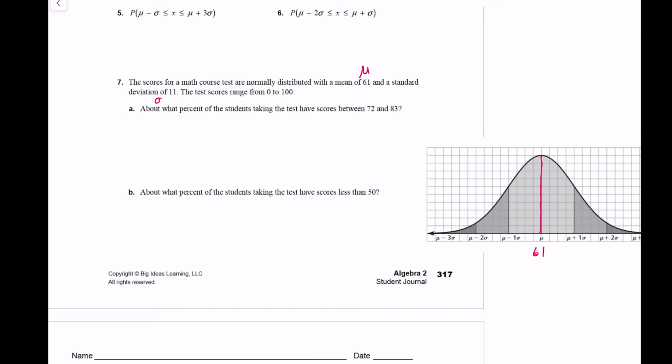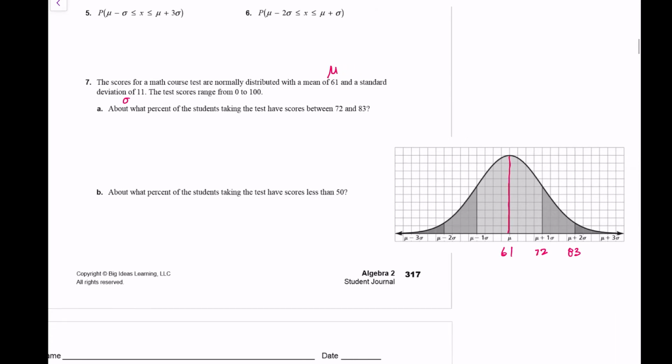So going 1 standard deviation to the right is going to be 61 plus 11, which will be 72. If I go 2 standard deviations, I'm going to add another 11, and 72 plus 11 gets us 83. And then if we go 3 standard deviations to the right, or positive, then 83 plus 11 will get you 94.